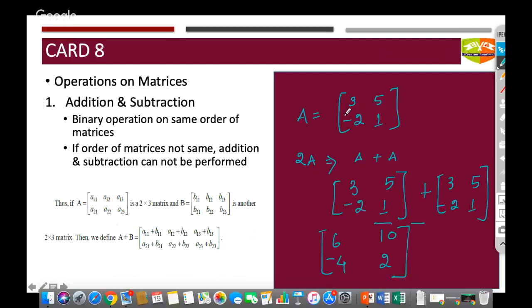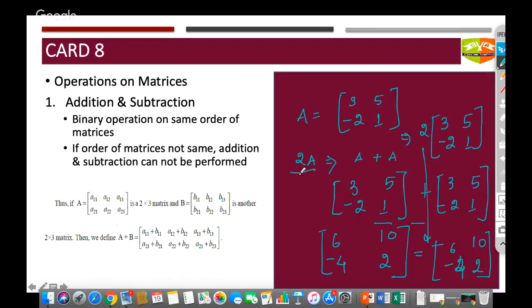Rather than doing this, what I could have done is, if A is multiplied by 2, I could have multiplied each element by 2 and got the same answer. So multiply each element by 2. I am writing here, you will get 6, 10, minus 4 and 2.